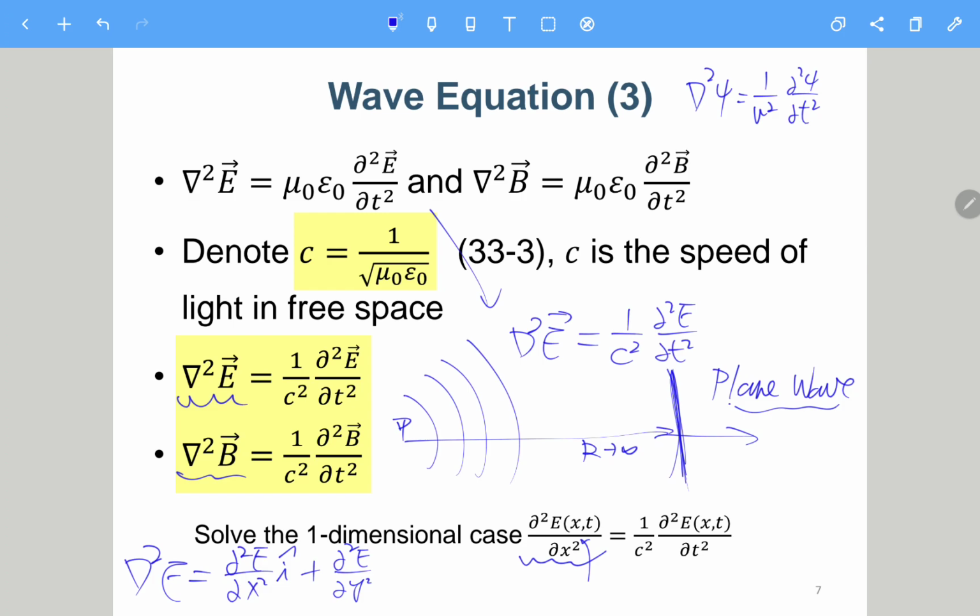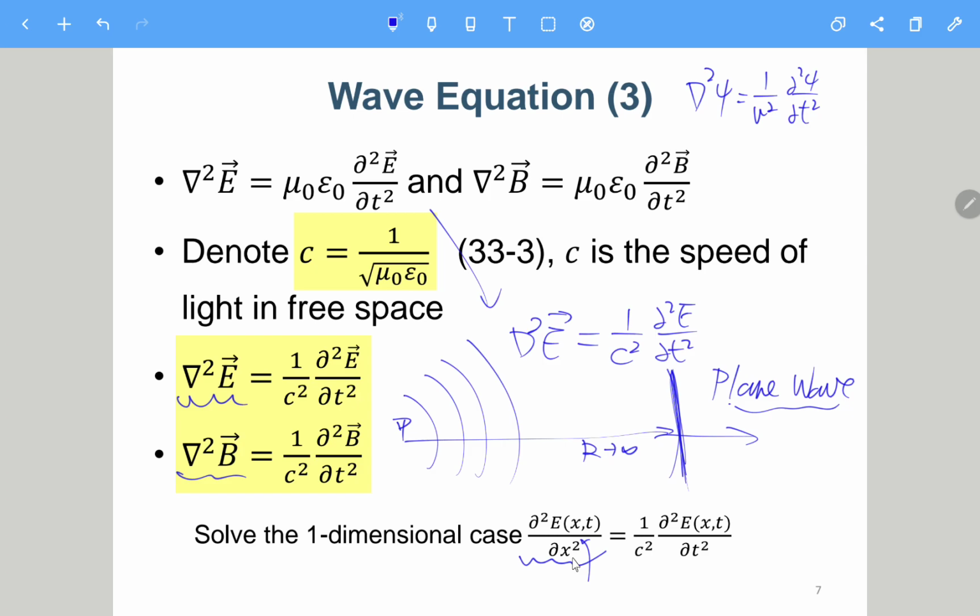We will have quite a lot of terms there. But here we only have one term, because the E field is only related to x, and it only propagates in the x direction. So we only have this single term on the left side.